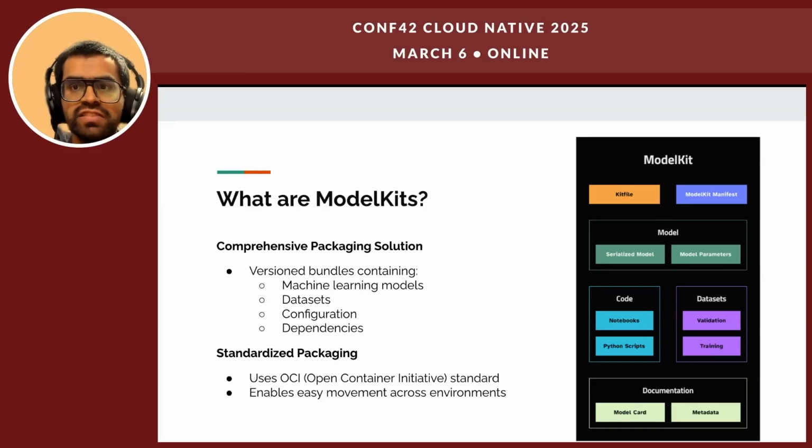So whether you have something like Docker Hub or a private cloud-based registry like an Azure, AWS, or Google registry, you can deploy this ModelKit on those same registries, right? So it uses the OCI compliant standard. And of course, you can version all the different parts of your code.